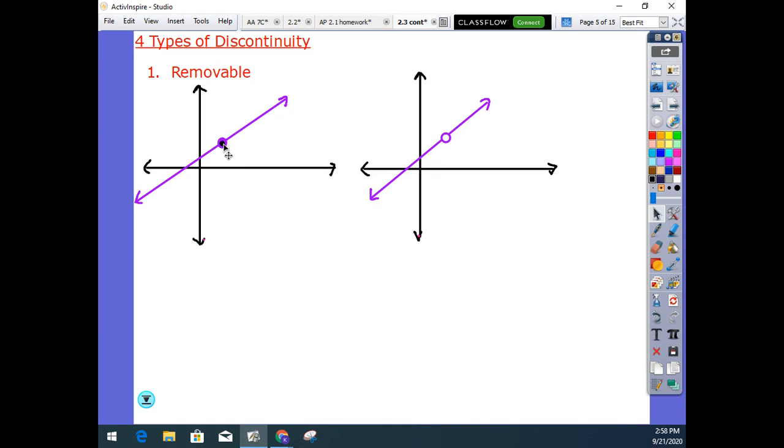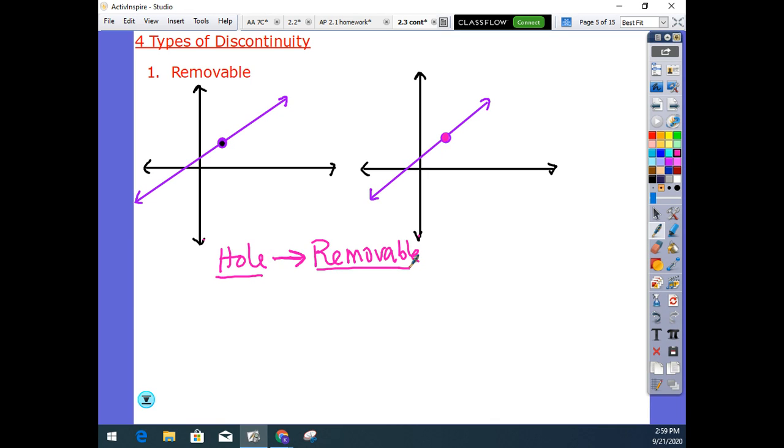If there's no y value, we just fill in the hole, and that would remove the discontinuity. So if you see any type of a hole in your graph, it is a removable discontinuity. Okay, hole implies removable.